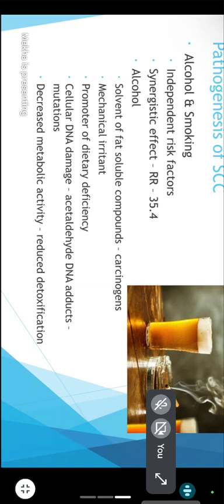Cellular DNA damage directly by the acetaldehyde DNA adducts, thus causing mutations, and decreased metabolic activity, thus reduced detoxification. So whatever toxins are entering your body are not getting detoxified well enough. These are some points to note for the mechanism in which alcohol acts as an etiological factor.